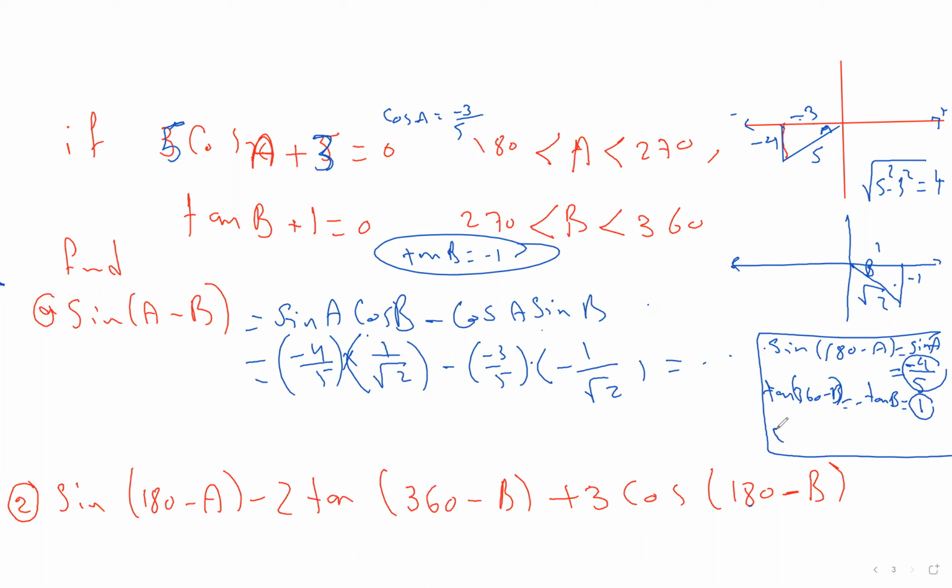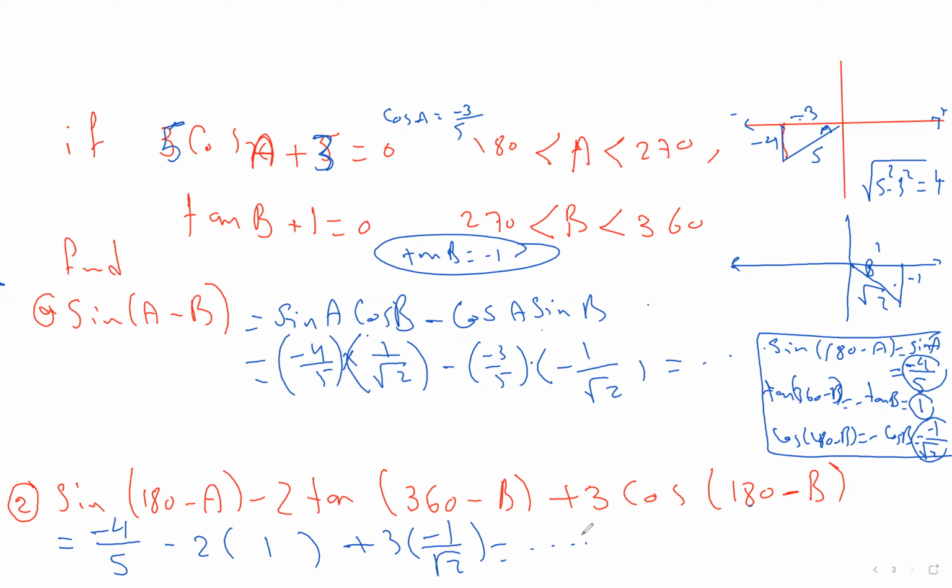And cosine 180 minus B equals negative cosine B, which is negative 1 over root 2. By using this, you can complete it: negative 4 over 5 minus 2 times 1, plus 3 cosine 180 minus negative 1 over root 2, and complete the solution.